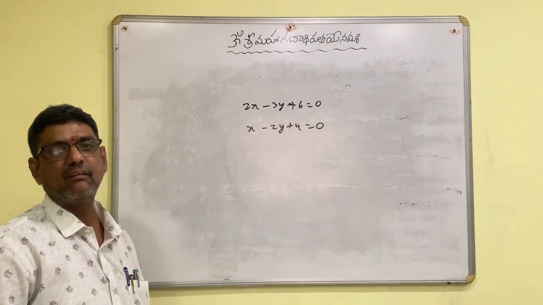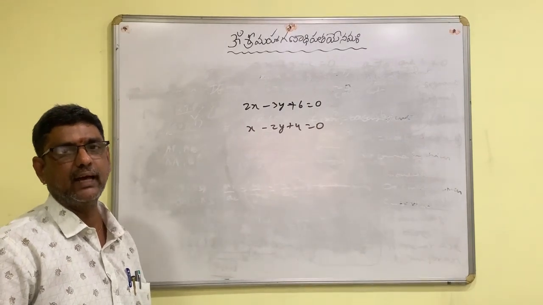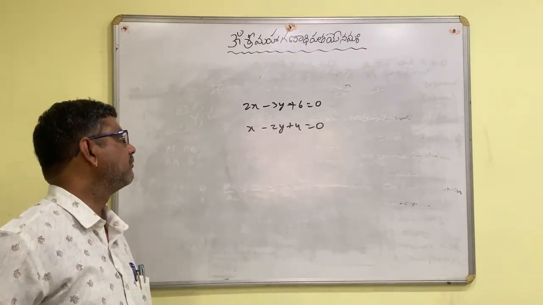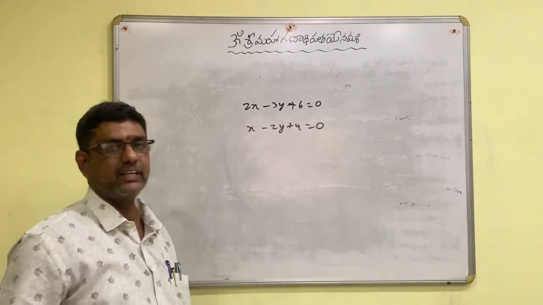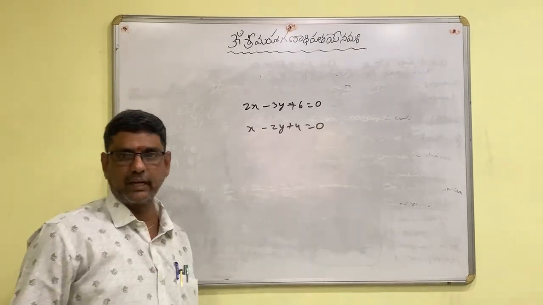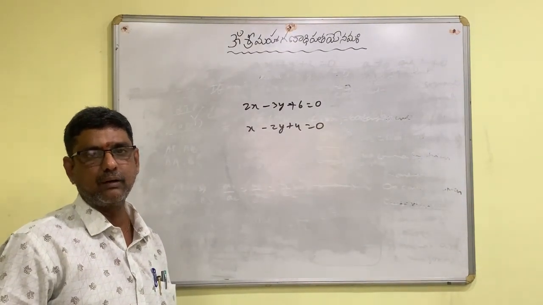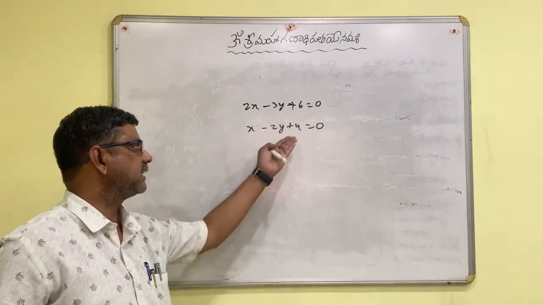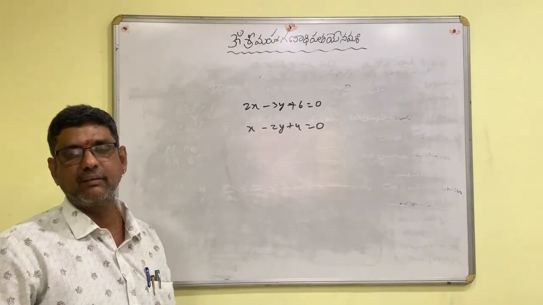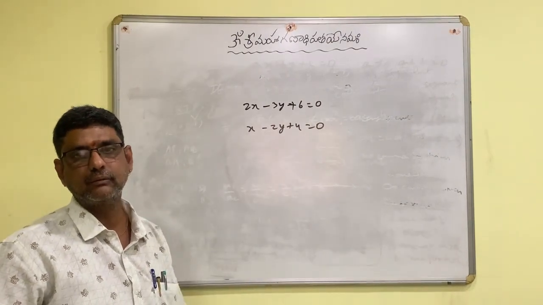Intersecting lines have a common solution. So we can say immediately, if A1 by A2 is not equal to B1 by B2, then this pair has a common solution. Then we can continue with our solution.